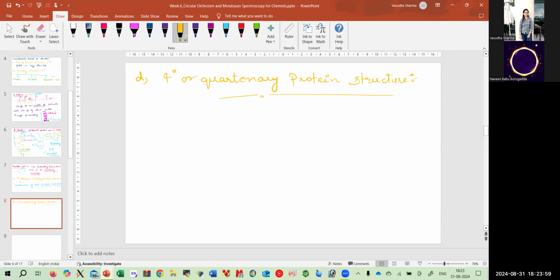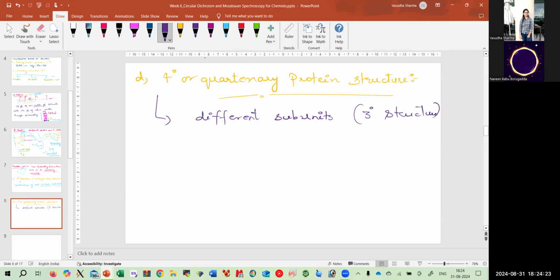In quaternary protein structures, as we said, tertiary has both alpha and beta, and quaternary also has alpha and beta, but it is classified as having different subunits which comprise the tertiary structure.